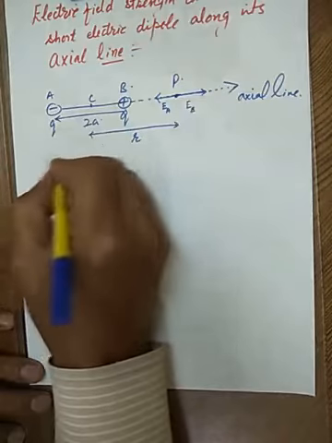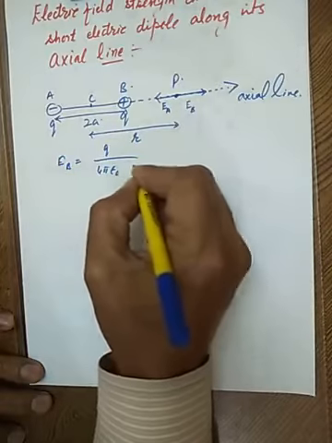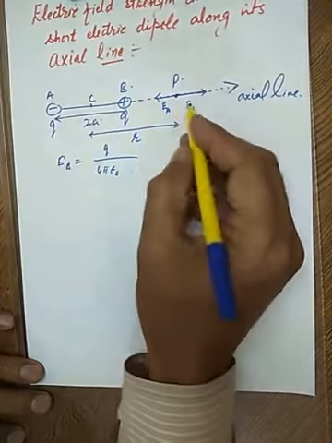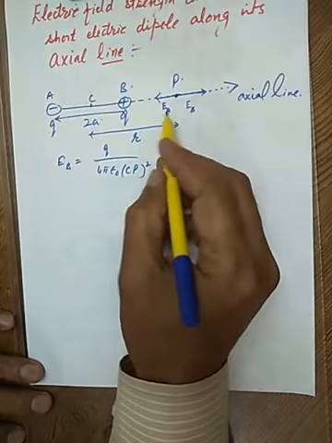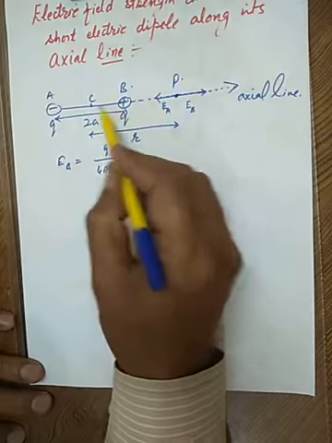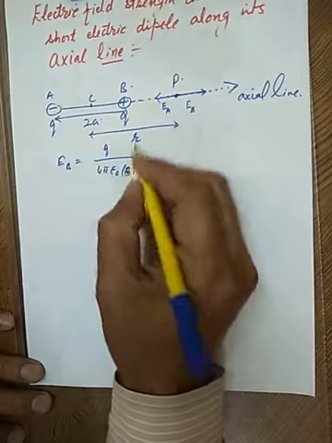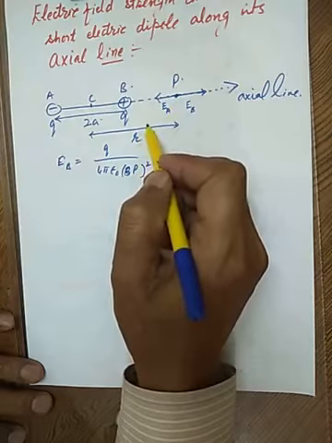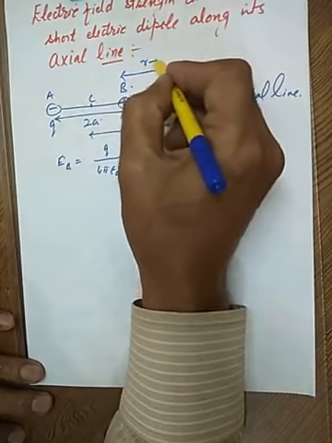The magnitude of EB is equal to q upon 4 pi epsilon naught into the distance BP squared, not CP, because we are taking the positive charge here. BP is r minus a.